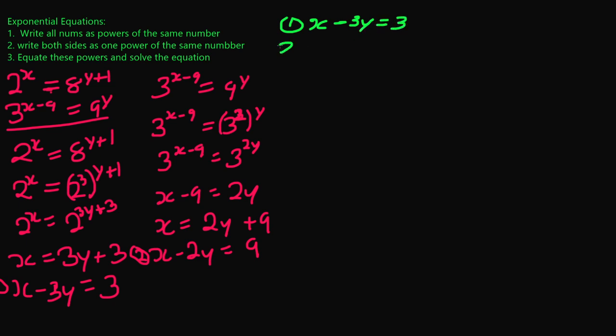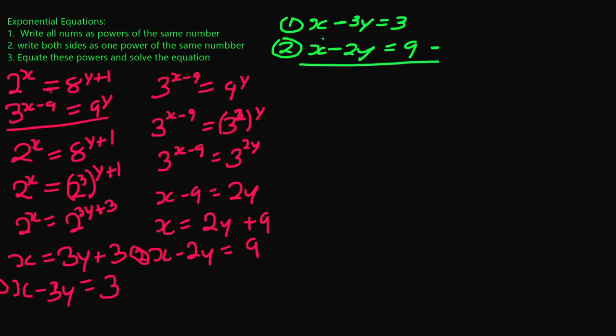And now for the second one, we'll go x minus 2y is equal to 9. And now what we need to do is subtract one from the other and just isolate either the y's or the x's. So we'll just subtract in this case to get y's on its own.